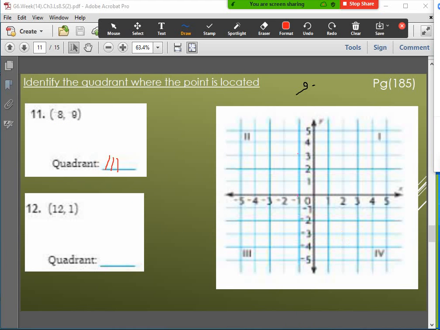Yes, Lamar, open the mic. Look, (12, 1). The x and y are positive. So in which quadrant will this point be located? Lamar? Okay. Yes, Tolin, open the mic. In which quadrant will this point be located? The x is positive, the y is positive.